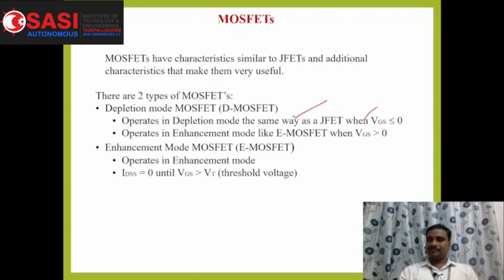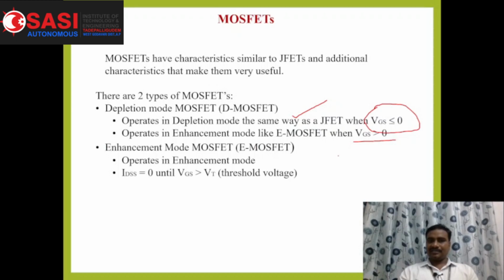The condition is VGS less than or equal to 0. So the DMOSFET operates in depletion mode when VGS is less than 0. In the same way, the DMOSFET can be operated in enhancement mode, when the gate to source voltage VGS is greater than 0. So this is one type of MOSFET.